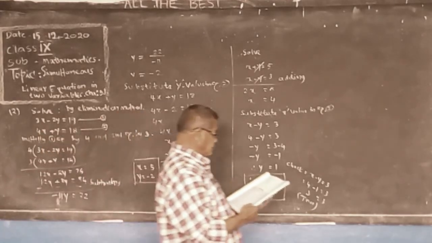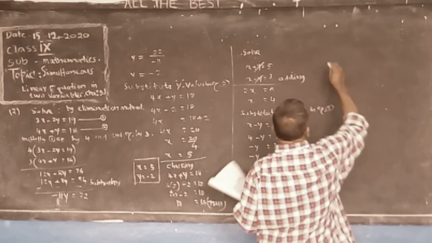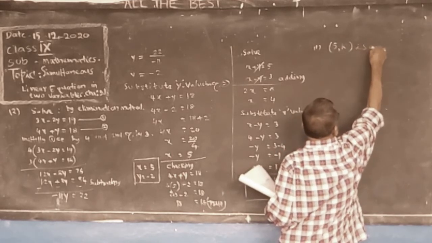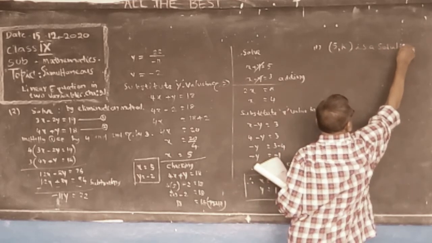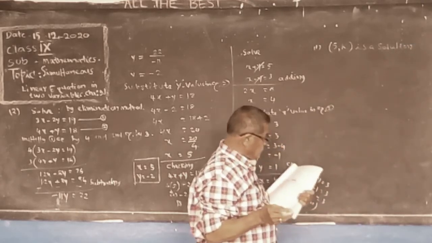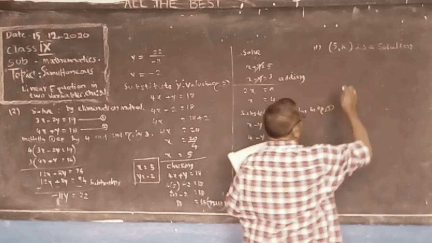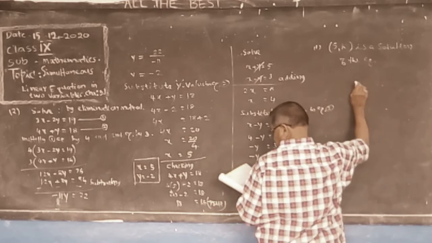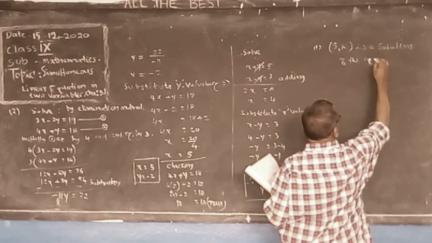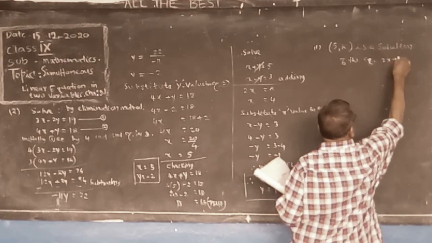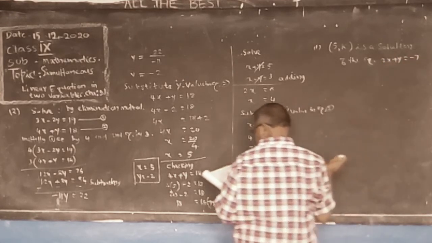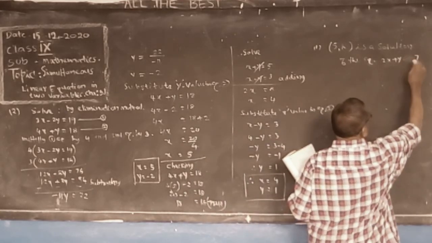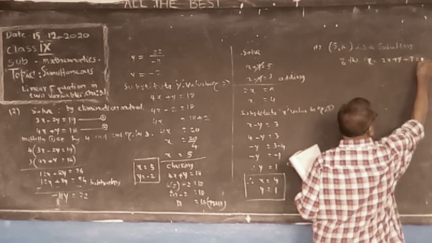And the first question given: x equal to 5, y equal to k is a solution of the equation 2x plus y minus 7 is equal to 0.